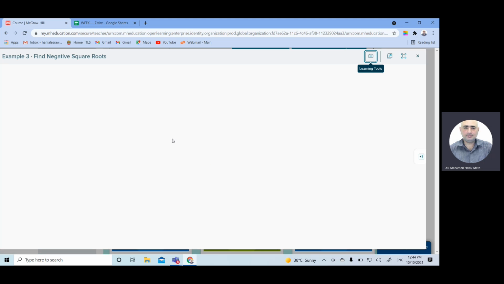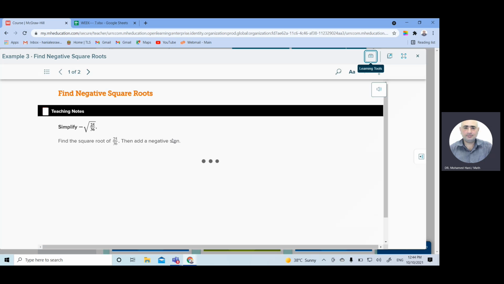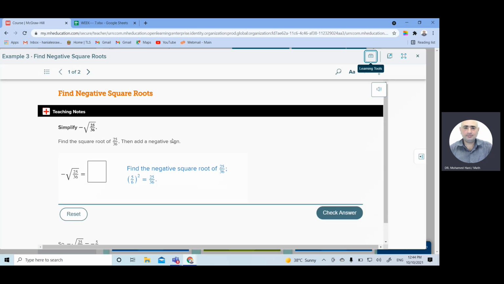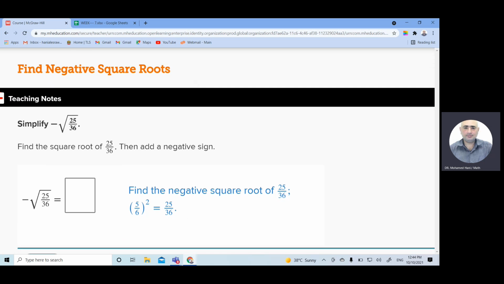Now find negative square roots. As you see here, before the radical, we have a negative.